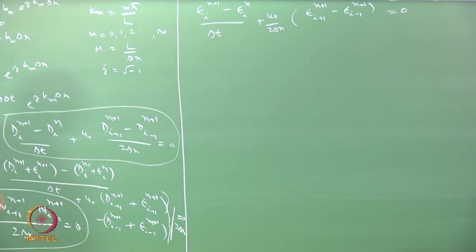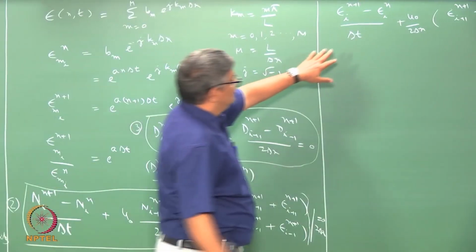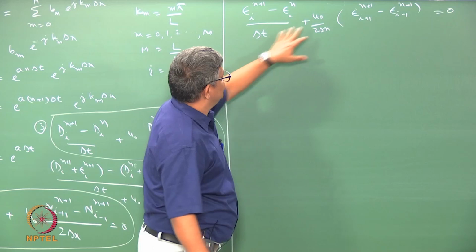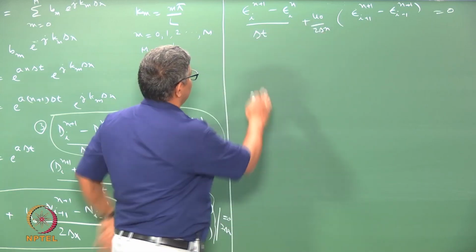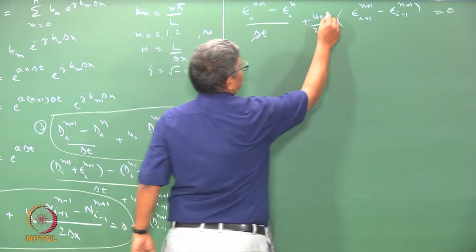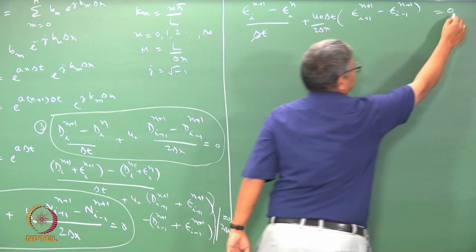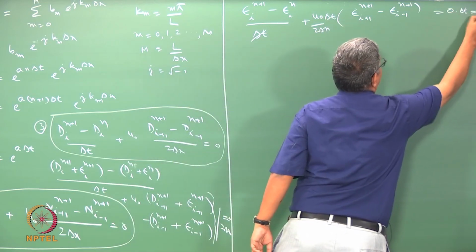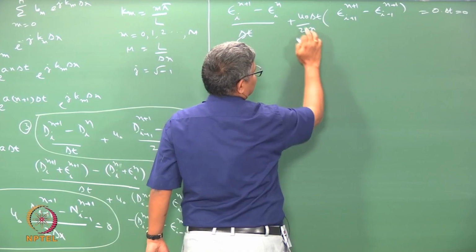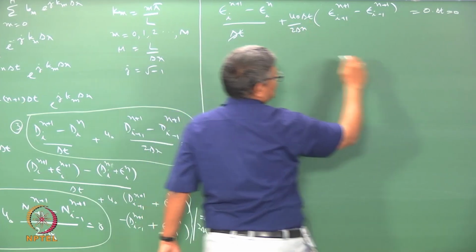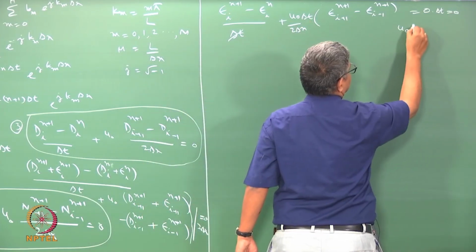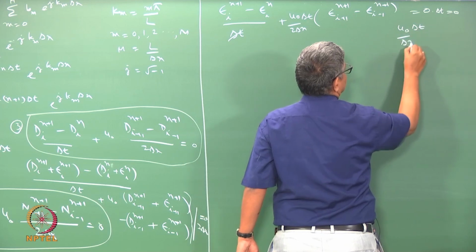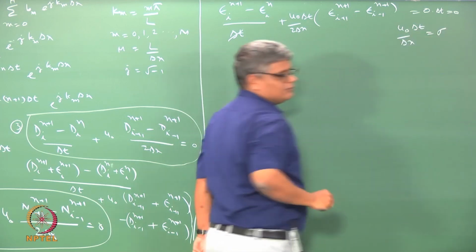Okay. So, we can now take this delta t here, so that we have times delta t, which is still equal to 0, and this can be written u naught delta t by delta x, which is a Courant number sigma.